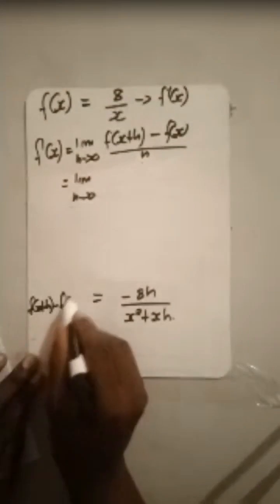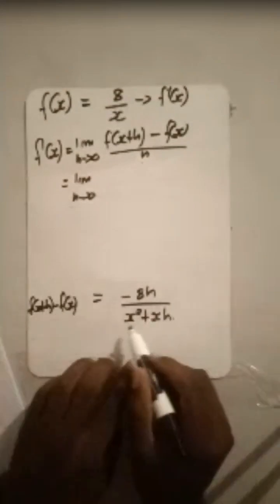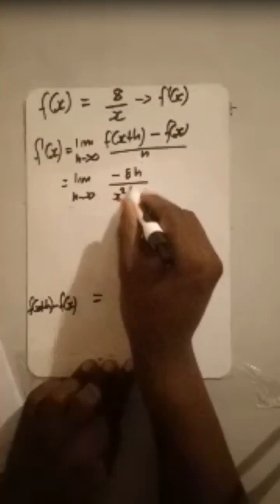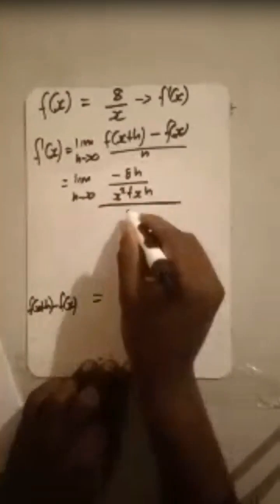Then in place of f of x plus h minus f of x, we are going to substitute by that, which is negative 8h over x squared plus xh, over h.